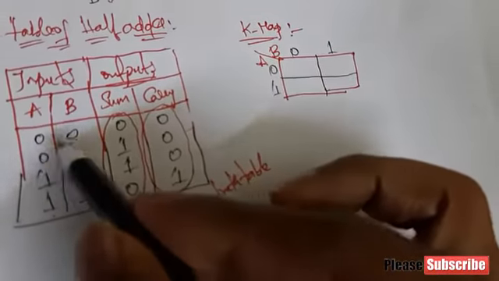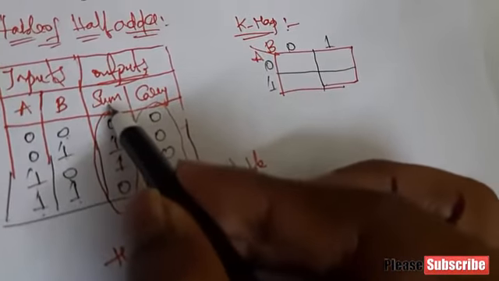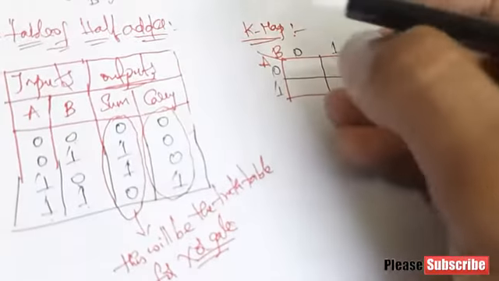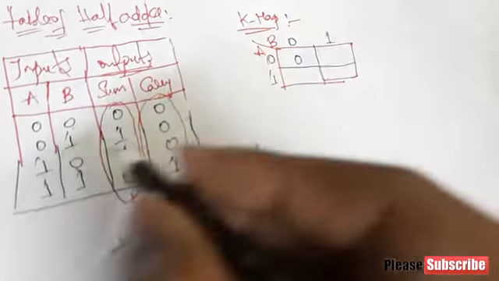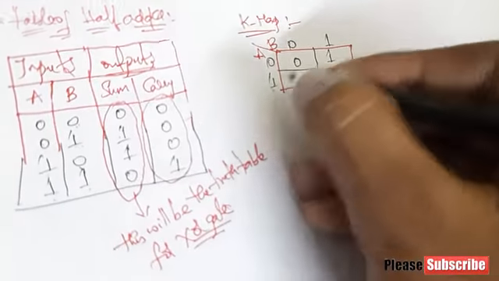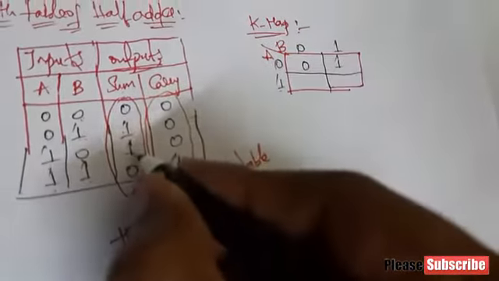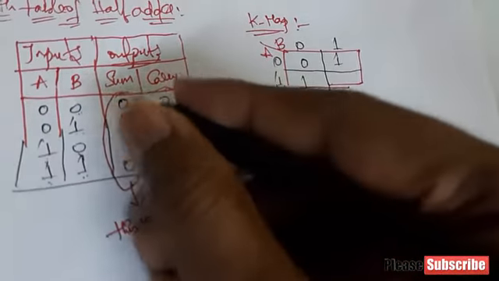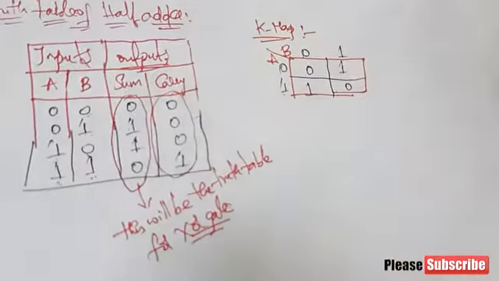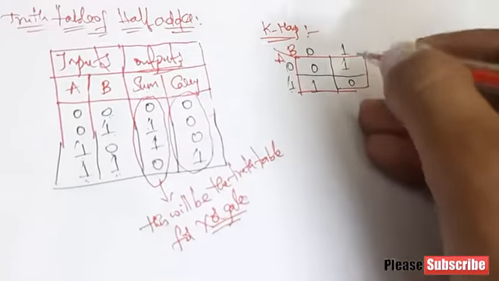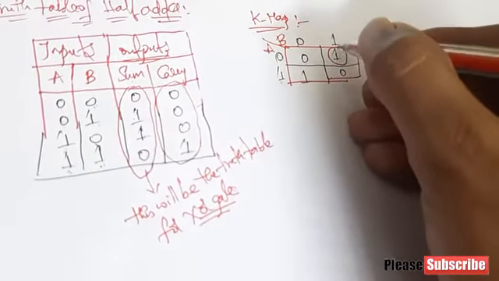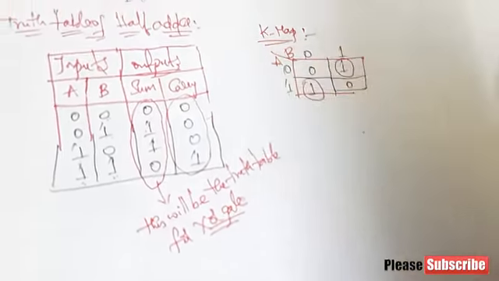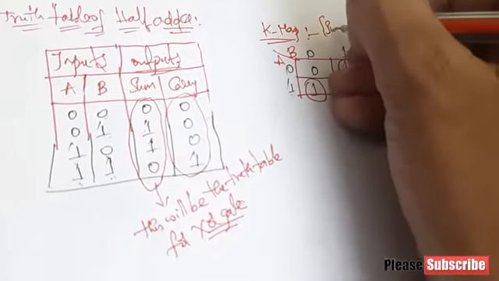You can see 0, 0 means sum will be 0. 0, 1 means sum will be 1. 1, 0 means sum will be 1. 1, 1 means sum will be 0. This will be for sum.